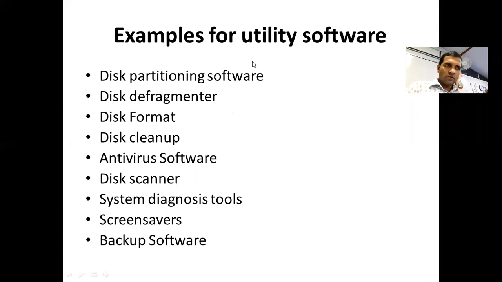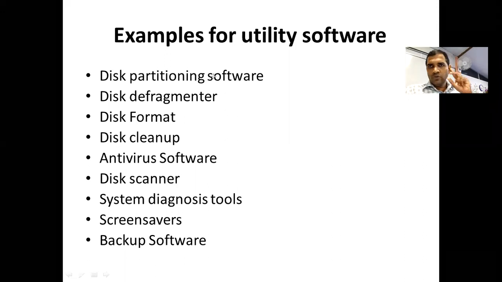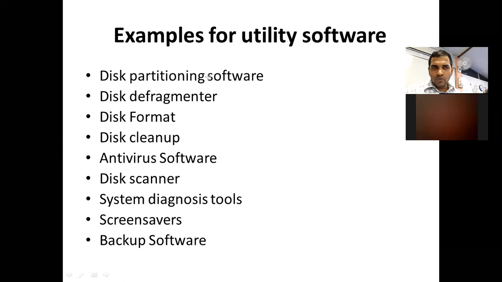I must tell you one thing at the beginning. Even though we have a big list, we need to focus on 3 utility softwares. You need to understand these 3 utility software a little bit in detail, not in depth, but you have to remember these 3 in detail.